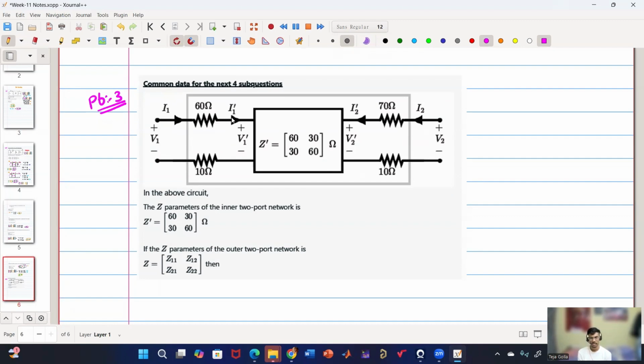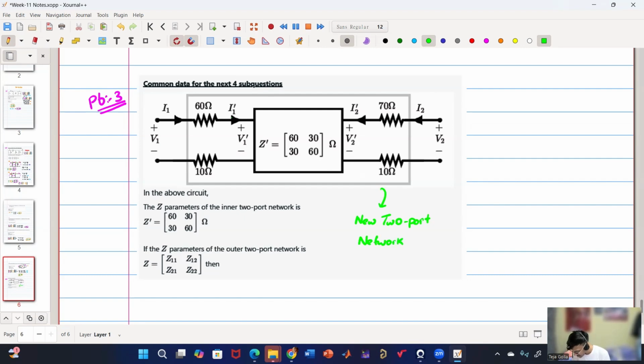It is cascaded, also not exactly, because we have only one two-port network and they are connecting some resistors, and then they have considered the outer network as a new two-port network. So it might not exactly fall into any of the ones that we have studied, but they are asking this is the new two-port network.